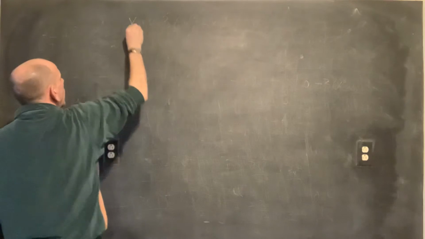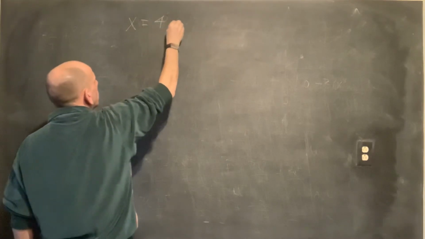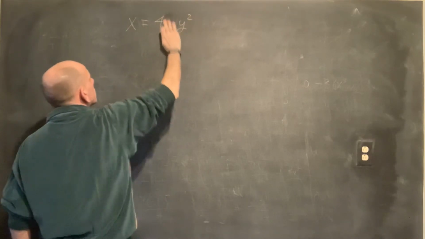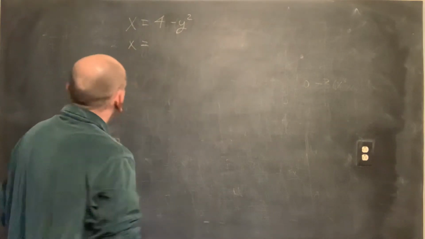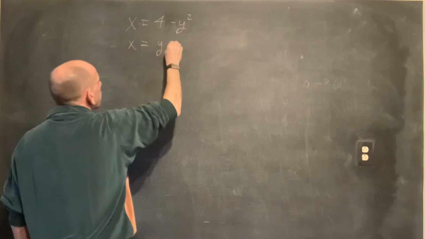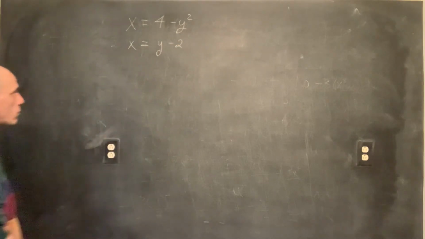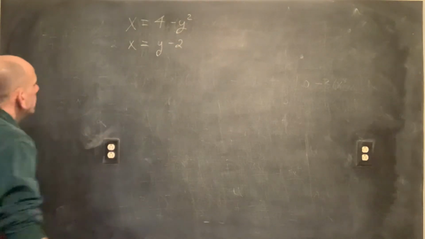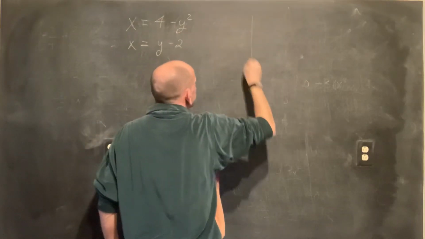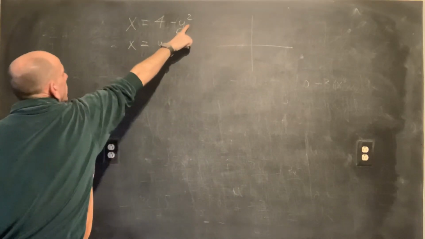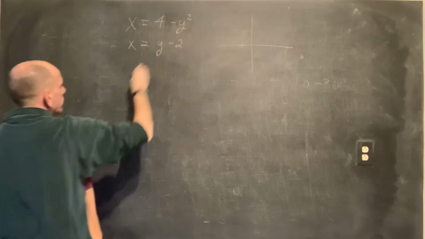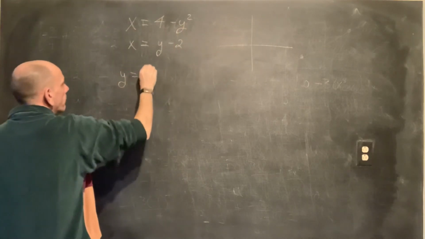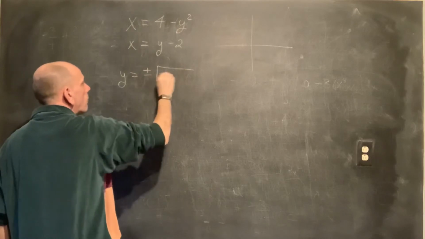So let's see. Let's say we had x equal to 4 minus y squared and x equal to y minus 2. Well, let's think about what we've got. This is going to add, so I'll have a positive y squared over here and a 4 minus x. I'm just solving, really. We have plus or minus square root of 4 minus x.